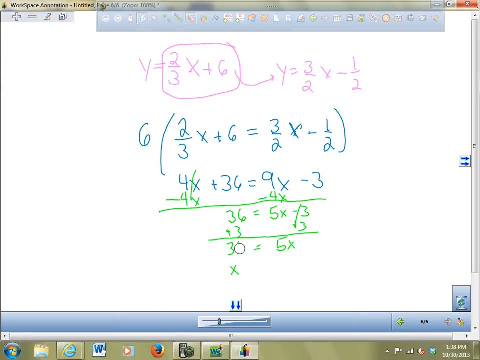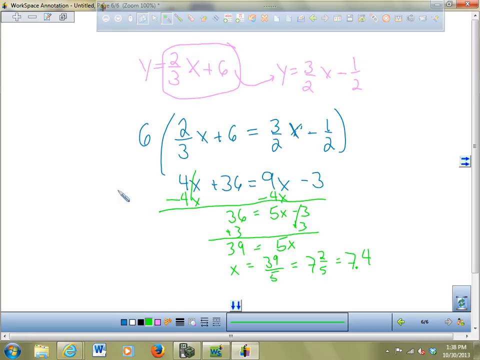I wrote 36, it's 39. X equals 39 divided by 5, which is 7 and 2/5, or 7.4. So that's the x coordinate where they intersect.